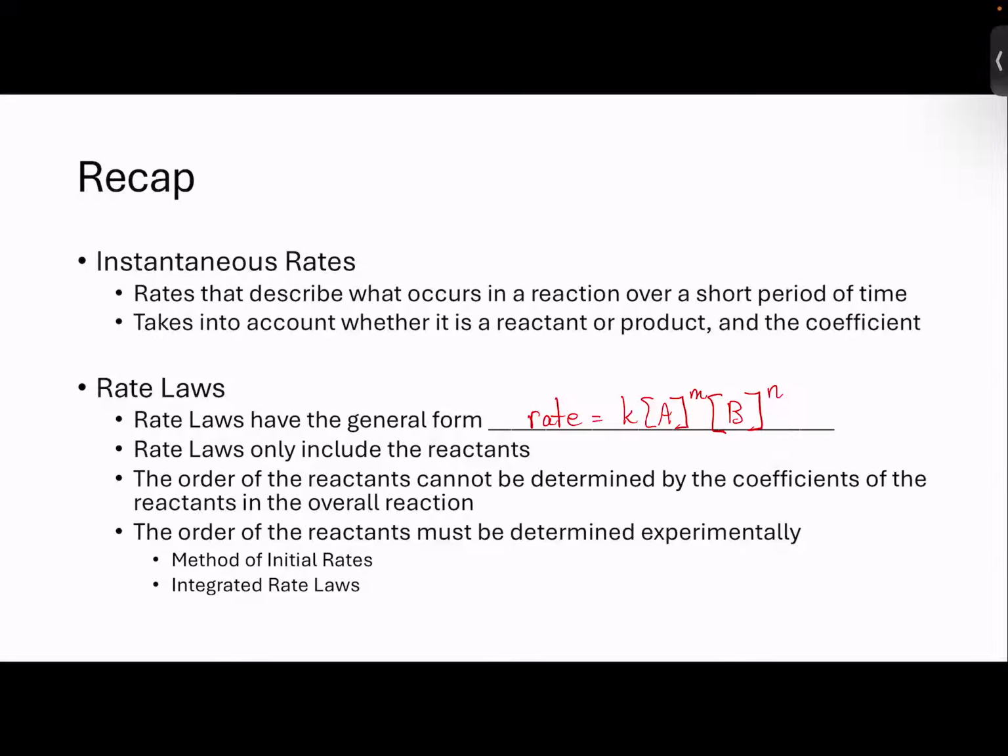The how come is based off of the reaction mechanism, specifically the rate determining step, or the slow step, of the reaction. I'm trying to let people catch up with me that are writing it down.